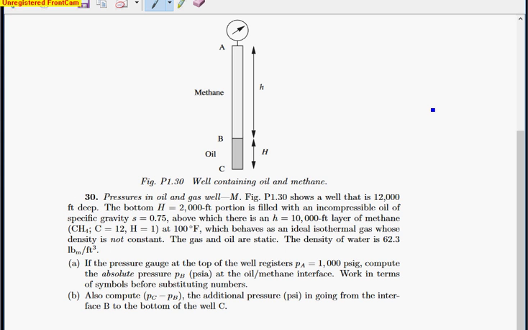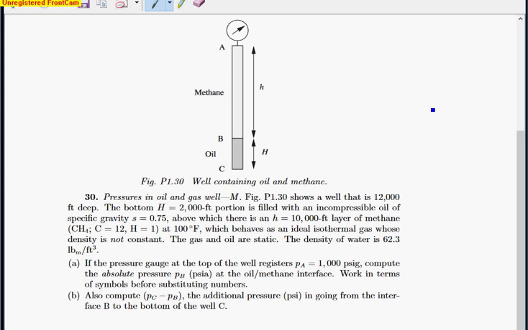And then we're also given the specific gravity of the oil, and we're given the density of water, and then we're given the gauge pressure at the top of the gas well. So using this information, we're going to determine what the absolute pressure is at the interface between the methane and the oil, so that would be at point B.